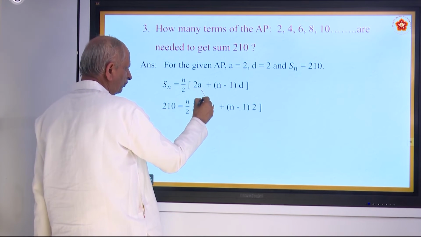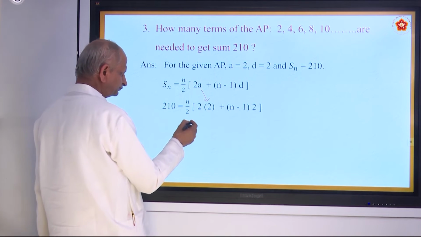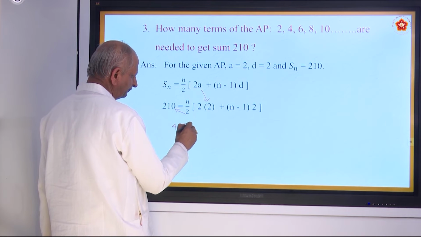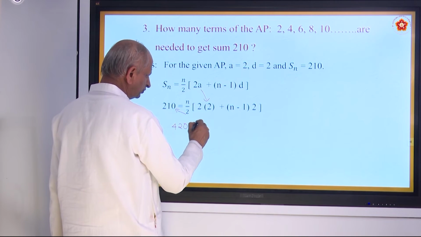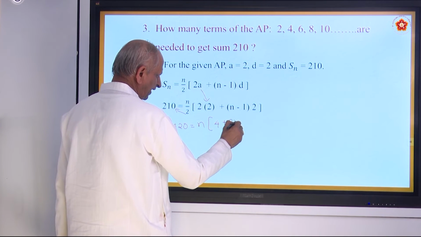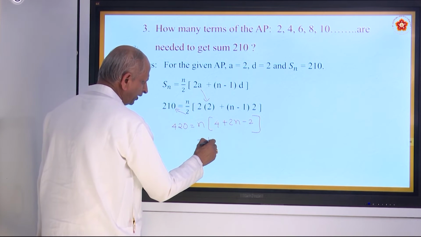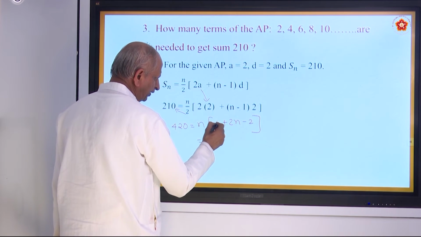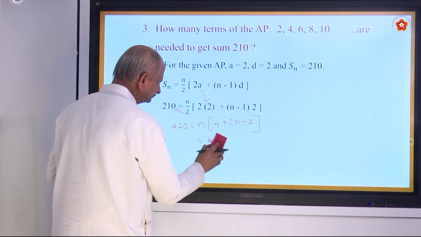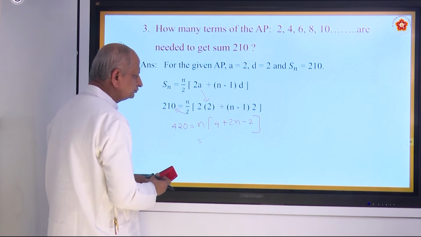Here a is 2, n we don't know, and if you simplify, you bring this 2 this side, so you become 420 is equal to n into 2 into 2, 4, plus n minus 1 into 2, that is 2n minus 2, and this 4 minus 2 is how much? 4 minus 2 is 2.